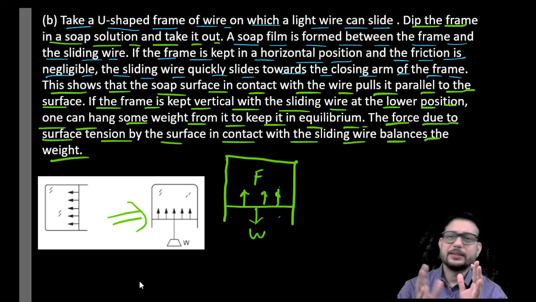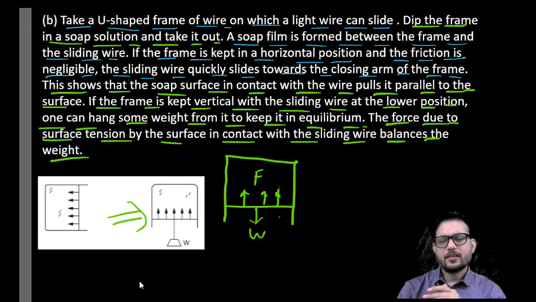So we can simply say that the surface has some tension over it, and surface tension basically exists only on the surface of any fluid. So these two demonstrations are very unique for the demonstration of surface tension.